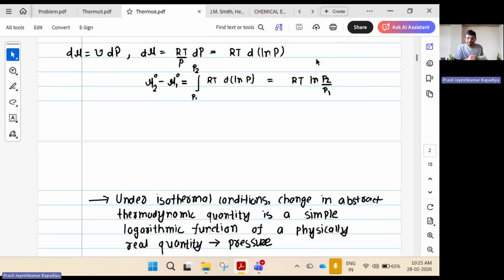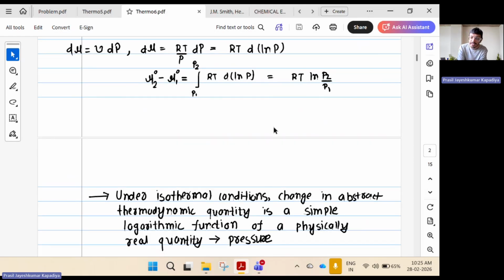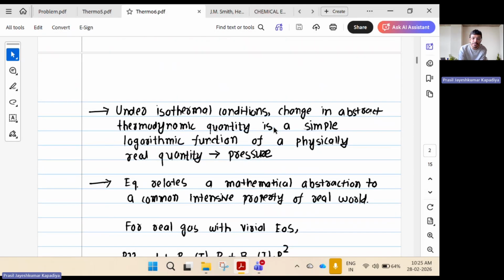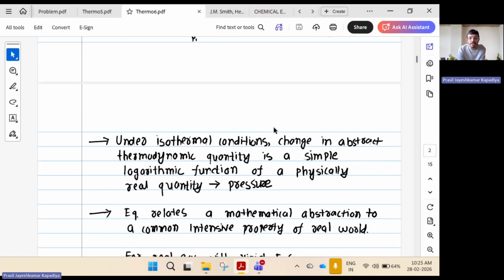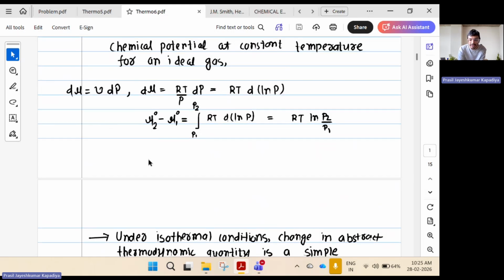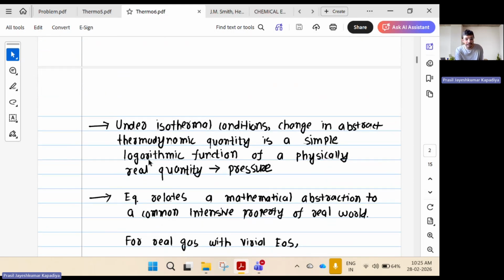So what I did, I converted this abstract thermodynamic quantity, and I can measure it in terms of a logarithmic function of something physically real or physically measurable, that is pressure. So this equation relates a mathematical abstraction to a common intensive property of the real world. This is something abstract, this is something real. So mu and P are related with this particular equation.